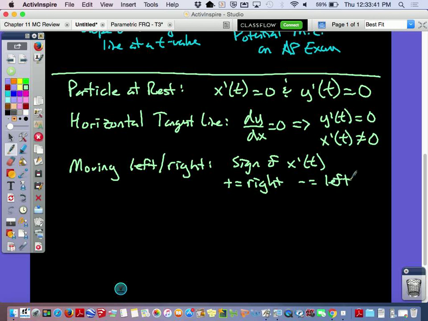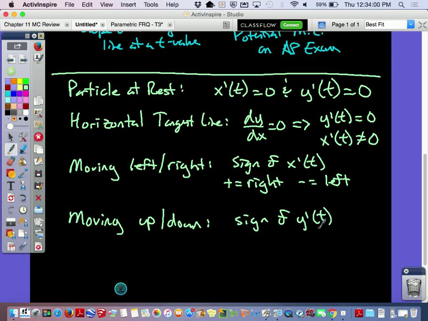And if I can analyze left or right movement, I can also analyze up or down. That's going to come from the sign of y prime of t. If it's positive, that means the particle is moving up. If it is negative, it means the particle is moving down.